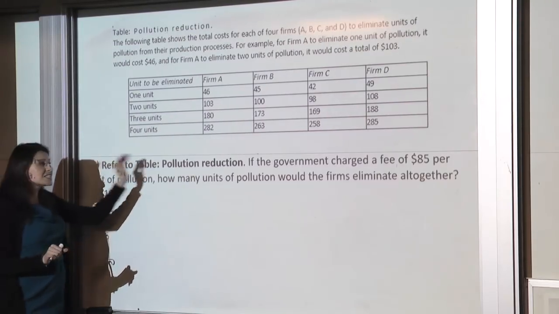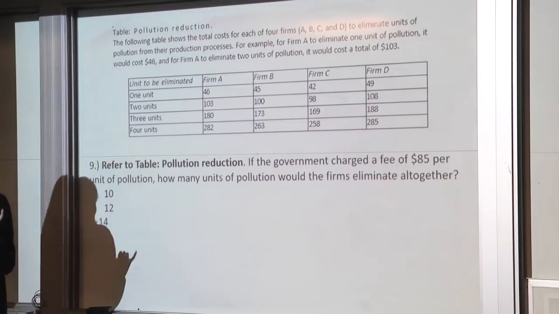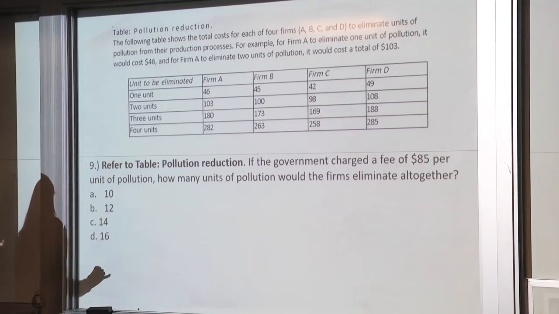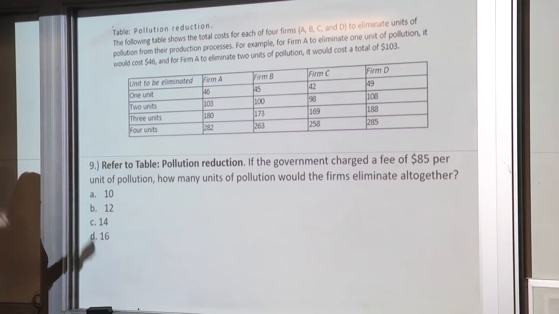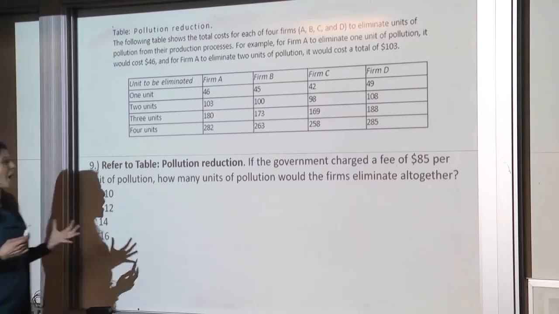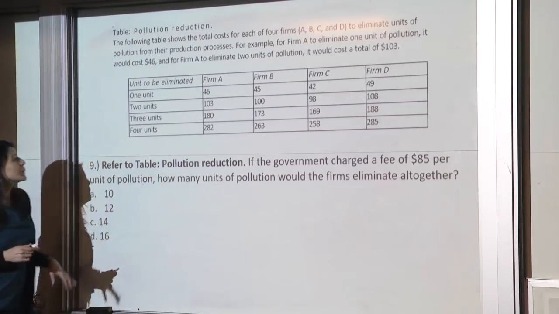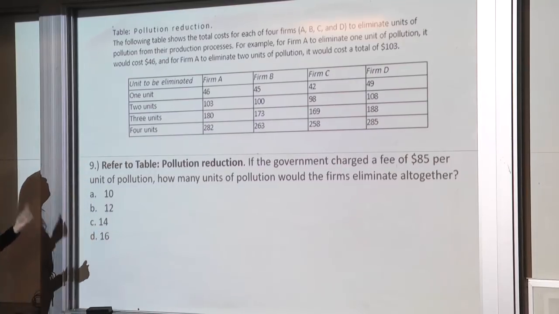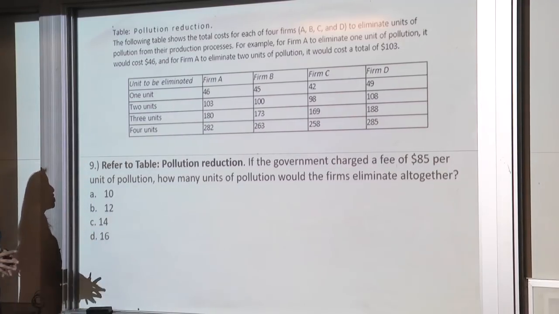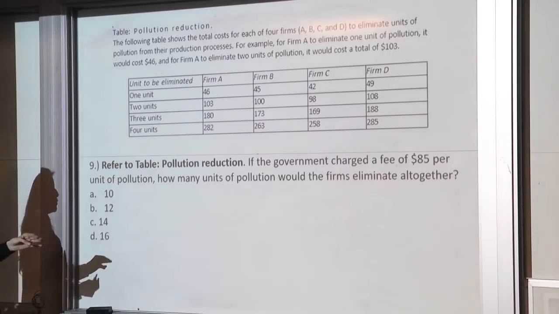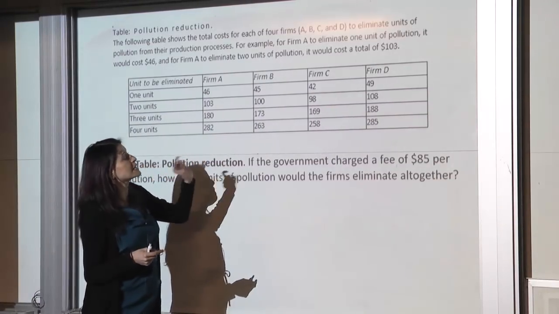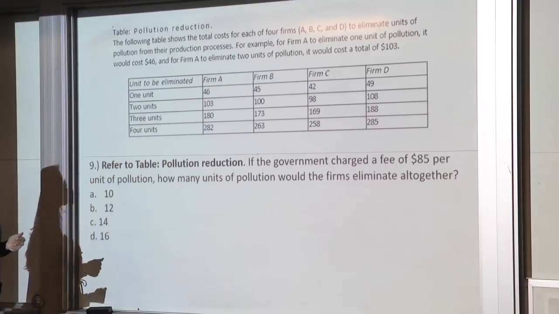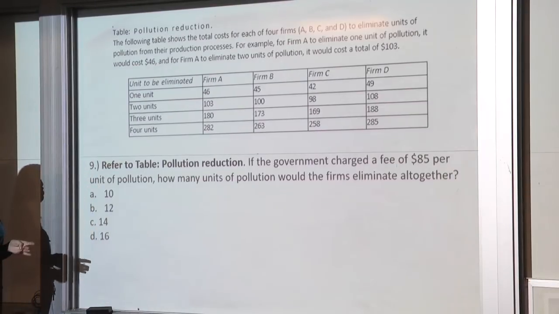Now, pollution reduction. This is a very easy question, but it was one of the trickiest last year, and a lot of people got confused. Why? Because in most of these questions, what you have, okay, let's read the question. The following table shows the total cost for each of the four firms, firm A, B, C, and D, to eliminate units of pollution from their production processes.